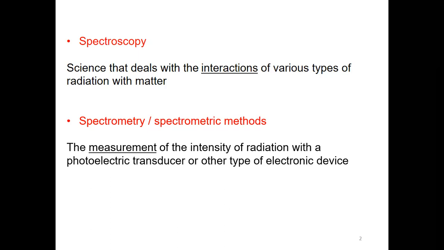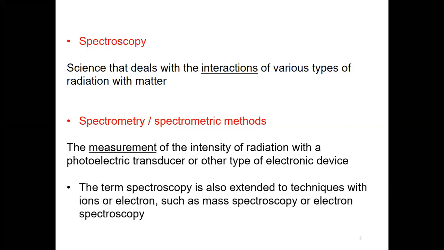But when it comes to the spectrometric method, we actually measure the intensity of the radiation. How do we measure it? With a photoelectric transducer or any other type of electronic device. Right?